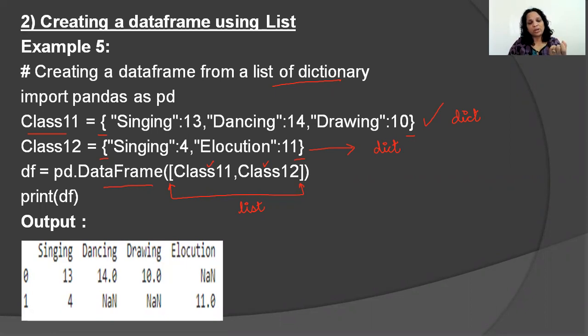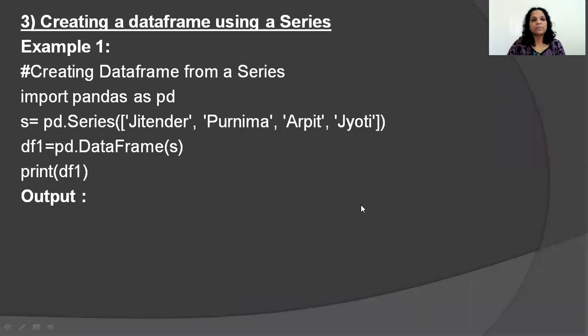Similarly, in the class 12 dictionary, you don't have a value for dancing and drawing. Therefore, it shows NaN. Is that clear? So the difference is that if you have a dictionary involved, the keys of the dictionary automatically become the columns of your data frame. Okay, let's go ahead.